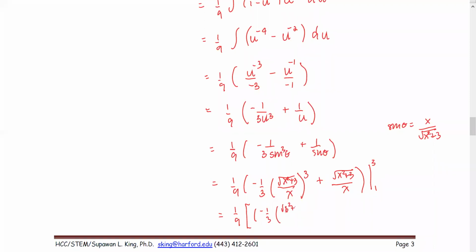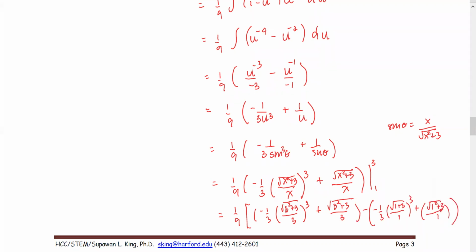Square root of 3 squared plus 3 over 3 to the third power plus the square root of 3 squared plus 3 divided by 3. Subtracted by replacing with the 1. So negative 1 over 3 quantity square root of 1 plus 3 over 1 to the power 3 plus square root of 1 squared plus 3 over 1.